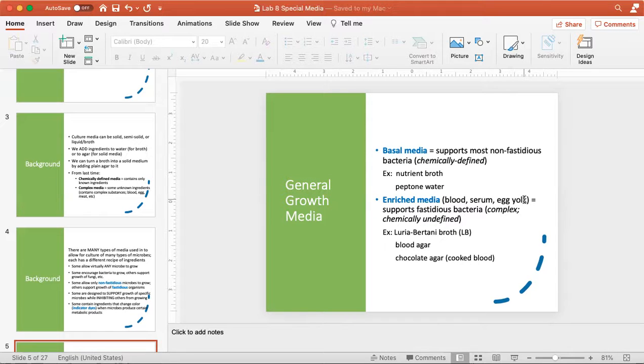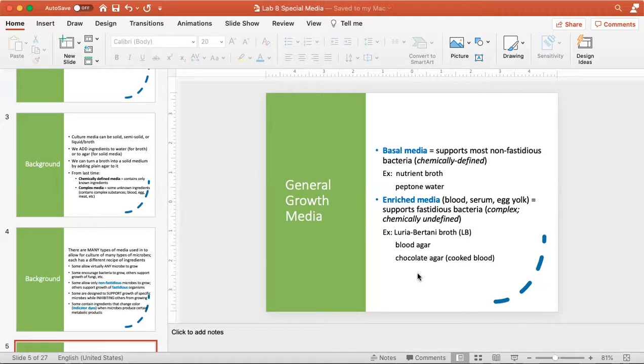So we often reach for the enriched or the complex media when we're trying to grow a fastidious organism. I've listed a couple of the more common enriched media down here. There's one called blood agar, and the name gives away what special complex ingredient it has in it. There's a related one called chocolate agar. No, I'm afraid it does not contain chocolate.